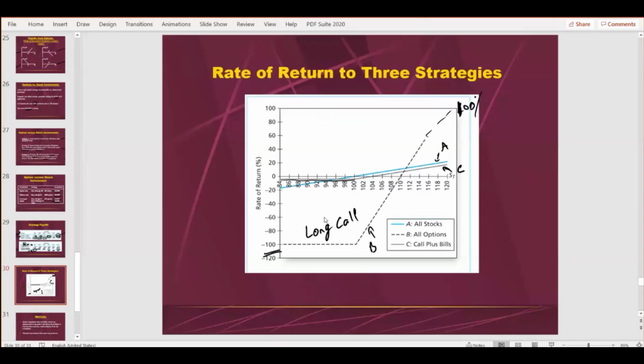So as you can see, Portfolio C, where I'm investing part of my money in the call and part of my money mainly in the risk-free asset, the payoff here is similar to that of a call option. However, the loss is limited, but it's much lower, and the upside potential is unlimited, but it's much lower relative to the long call.